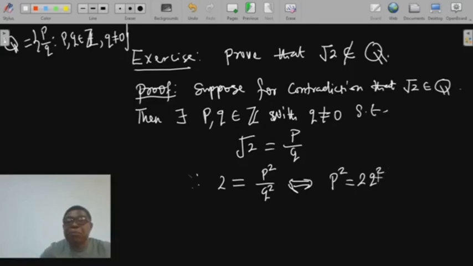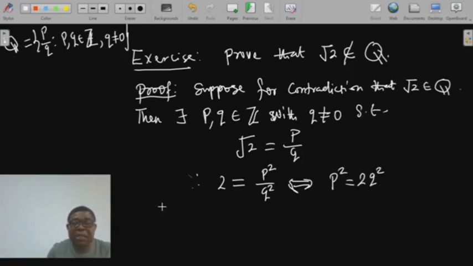Remember that q is an integer and q is not equal to 0. Therefore, q squared is positive, meaning that q squared is a natural number. And having written p squared as 2 times a natural number, it means that p squared is an even number.